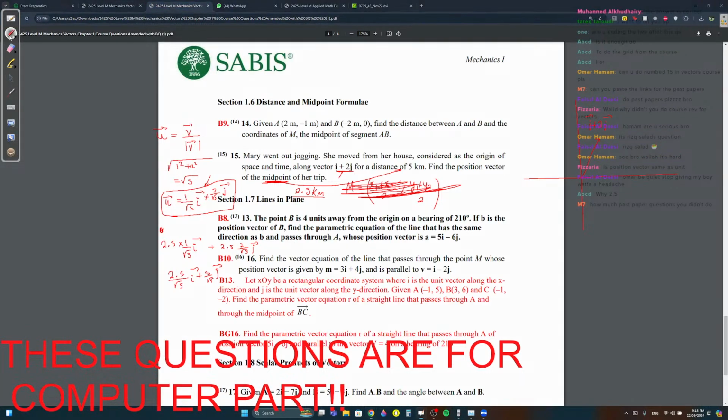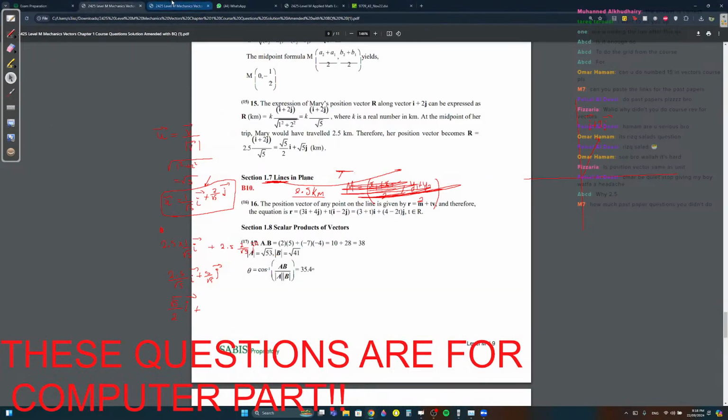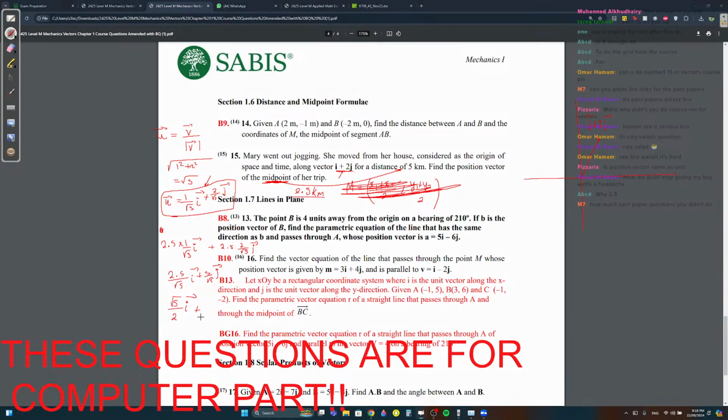Yeah, radical 5 over 2 I, plus, if you rationalize this, you get radical 5 j. Oh yeah, you get radical 5 j. You get this here.